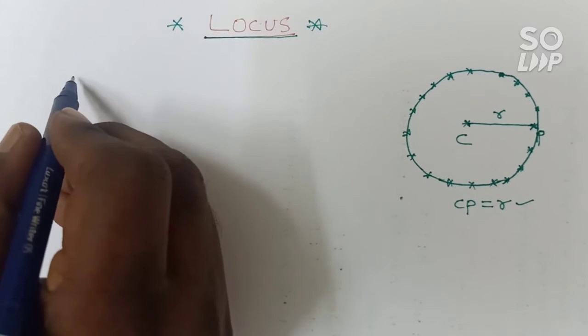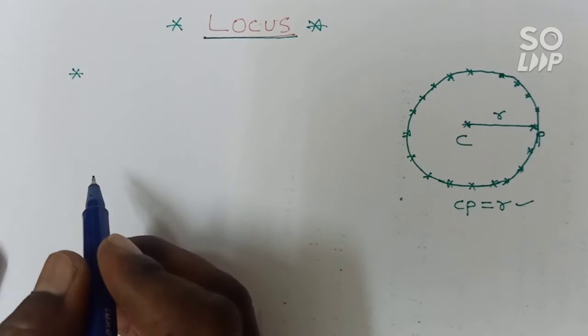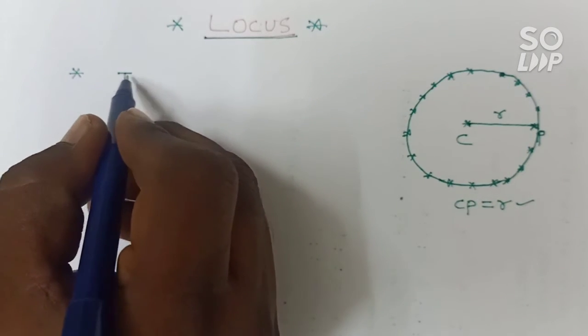So what is the definition of the locus? Two types you can write down.